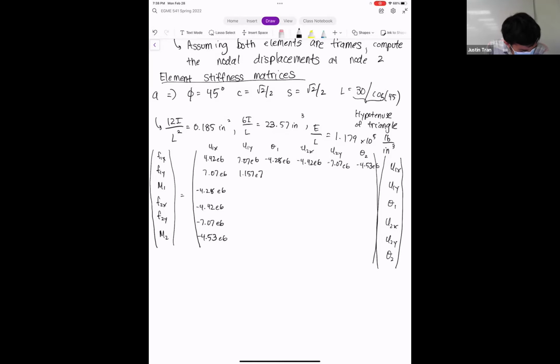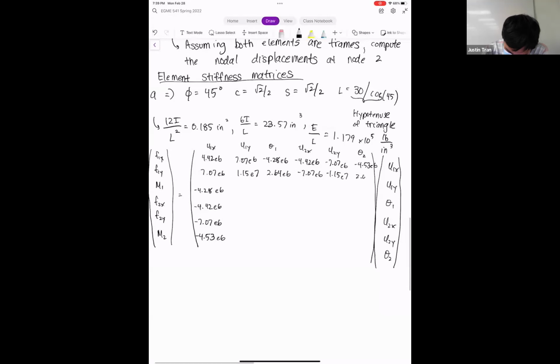The second row starts with 1.15 times 10 to the 7th. There's no 7 there. Then we have a 2.64 times 10 to the 6th, minus 7.07 times 10 to the 6th, minus 1.15 times 10 to the 7th, and then a 2.64 times 10 to the 6th.